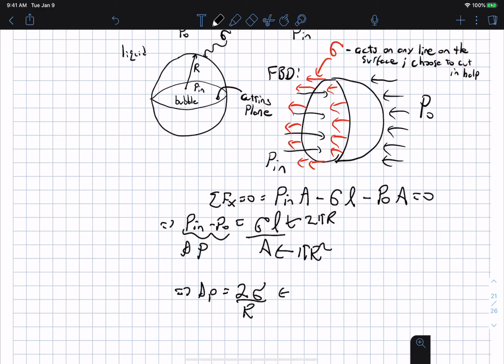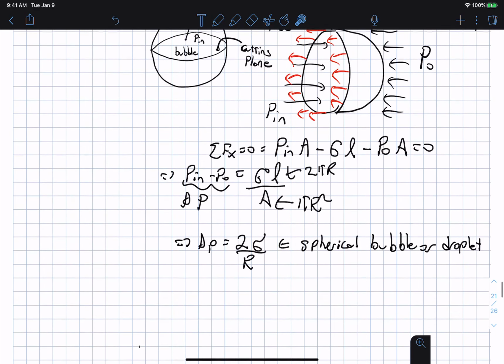Okay, and that's for a spherical bubble or droplet. That means inside of a bubble or a droplet, the surface tension is always a positive number, and the radius is a positive number, so the pressure inside of a bubble or droplet is always higher.